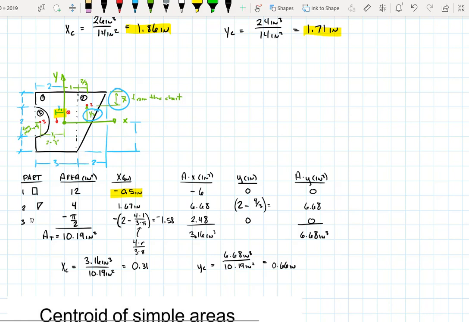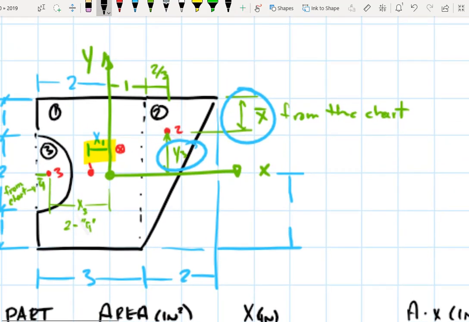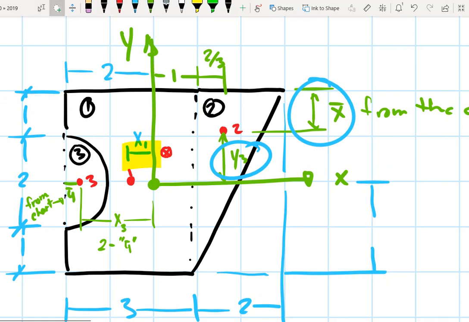Which makes this number 2 minus 4/3, 0.67, which makes this number 0.67 times 4, 2.67, which changes this number, which changes this number, divided by 10.19 is 0.26, which now we're back to, we almost drew it in the right place to begin with.